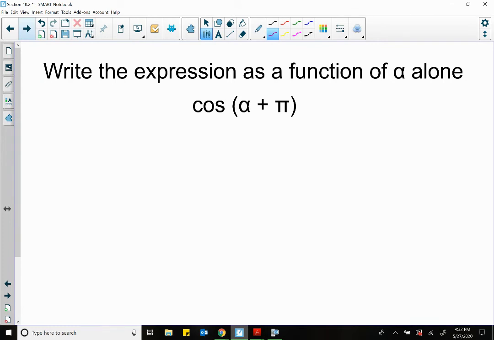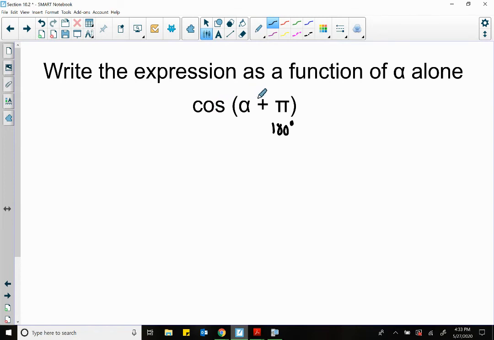They're not trying to be mean here. This is not as hard as what you think it is. Again, if you don't like radians, turn it into degrees. Pi is 180 degrees. So all they want you to do is really just plug into the formula and simplify.